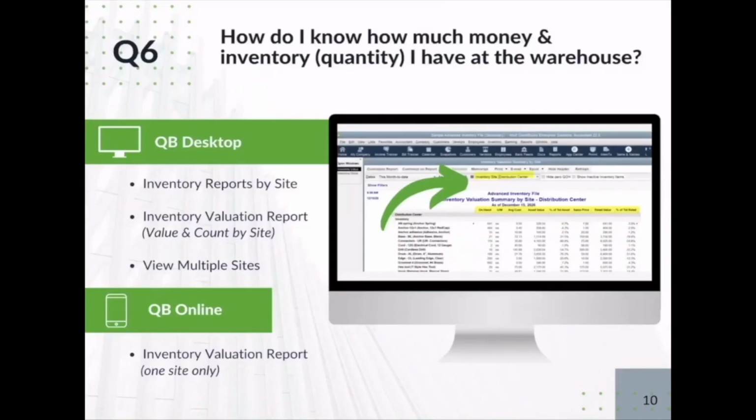So I have this question that is always in my mind: how often do you suggest doing physical inventory counts so that this report has real information? Because remember, this is where my money is, and if I don't have the right information there, it's not going to make any sense for the business owner. So how often do you suggest doing physical inventory?